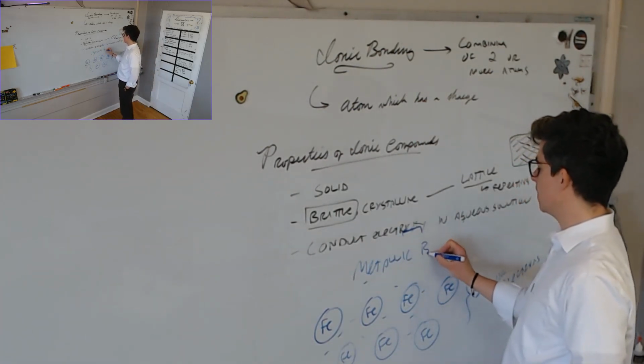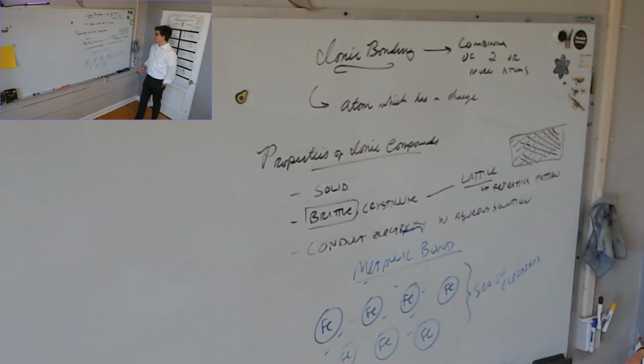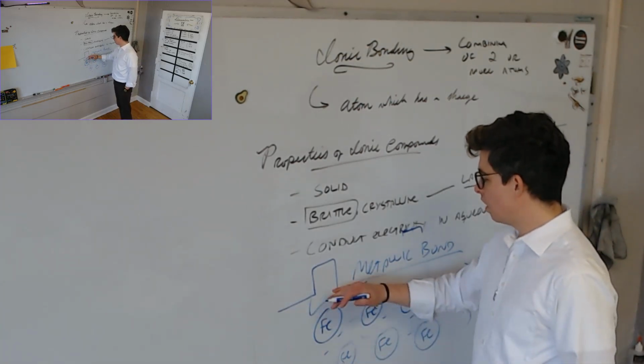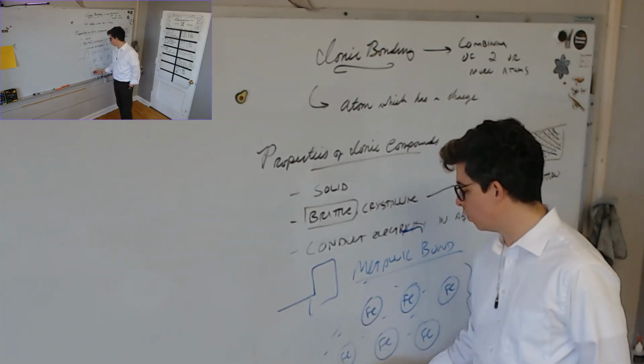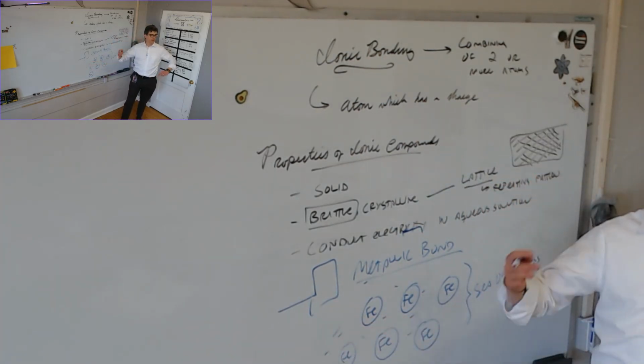This is a metallic bond now we're talking about, not ionic. So if we do the same thing and we hit it with a hammer, the ions again all shift down 1, but they're still bound together, just like they were before, but now they have a dent in them.